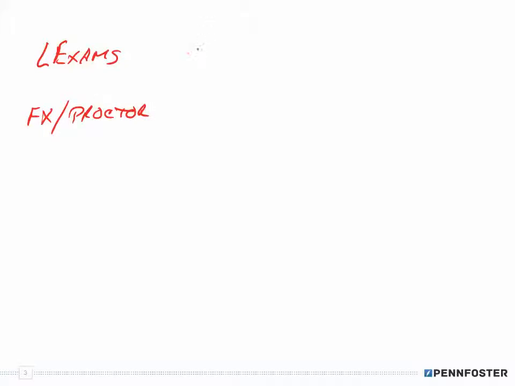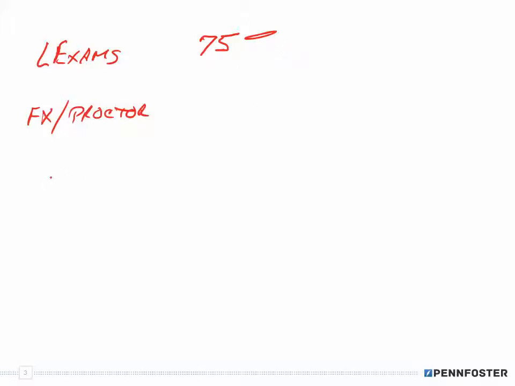Now, let's say that your average for your lesson exams is 75, okay? Now, the reason why I'm bringing this up is because your lesson exams are extremely important, okay? And you'll see why in just a second. You want to do as well as you possibly can on your lesson exams at all times, all right? And I'll show you the numbers and why this is important.